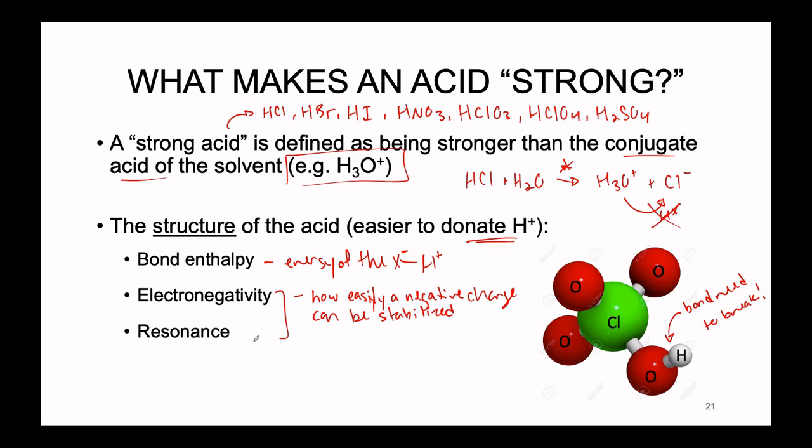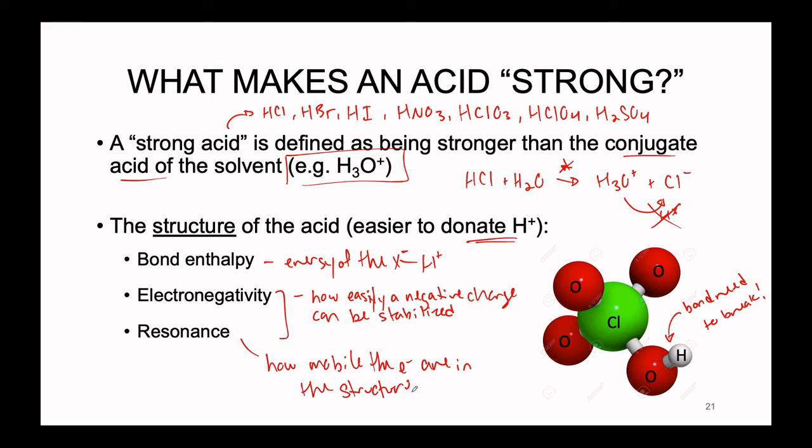And resonance is going to work with this because resonance is the delocalization of your electrons. How spread out can your electrons be? If we're thinking back to Lewis structures, we have learned of some Lewis structures where double bonds or triple bonds can move throughout the structure. We are going to refer to this resonance, or be considering it, in terms of how mobile the electrons are in the structure.